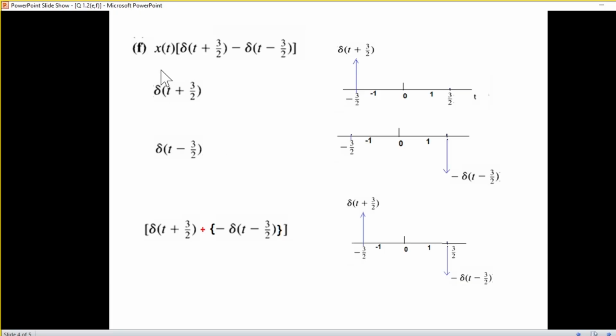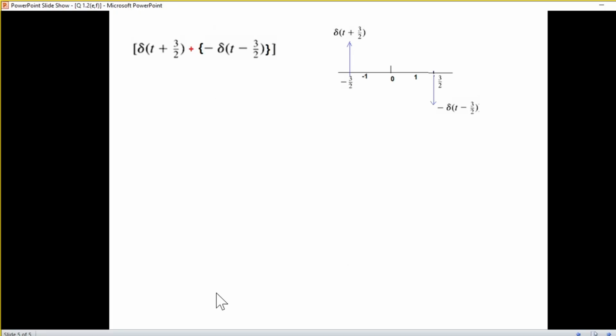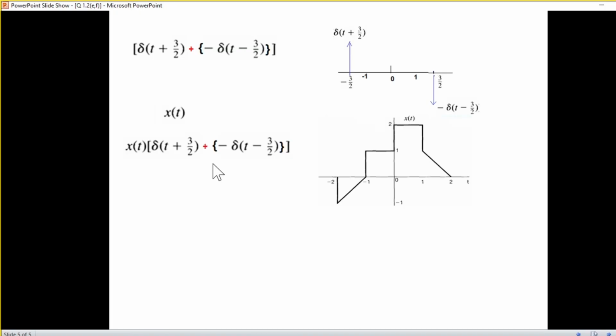But we also have to multiply by x(t). This is our x(t) signal, and to multiply, we'll use a formula which is given in the book. First of all, multiplying these two, we get this equation.